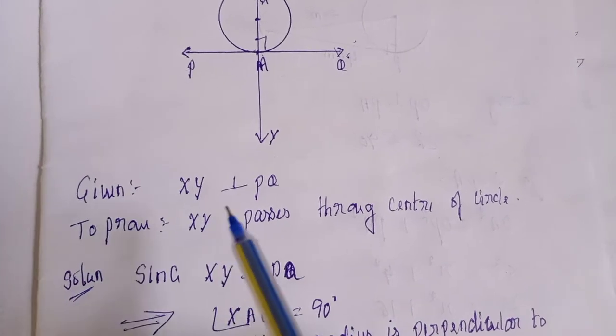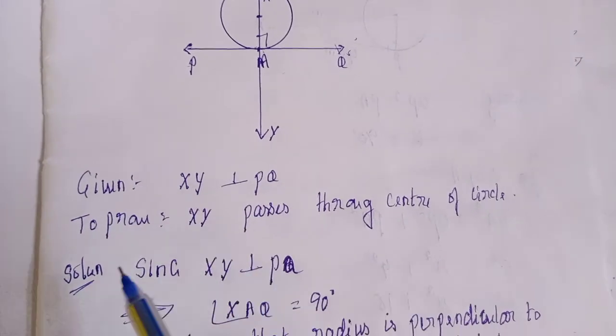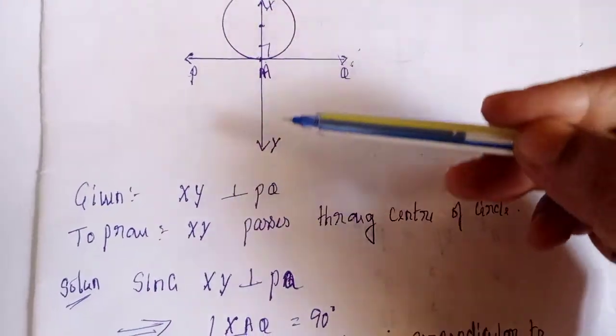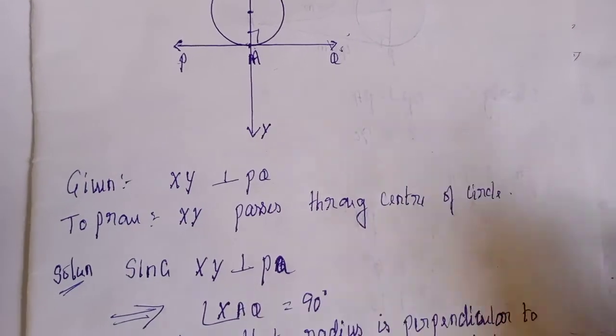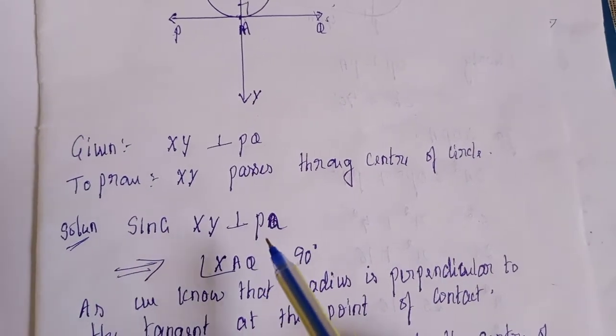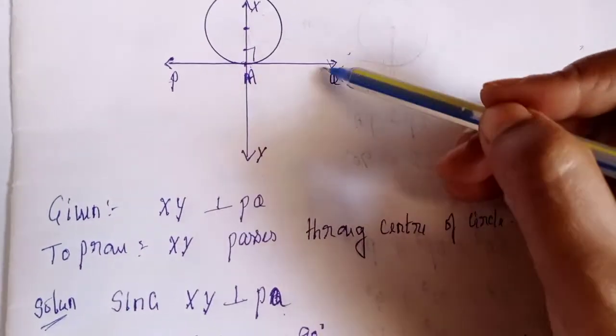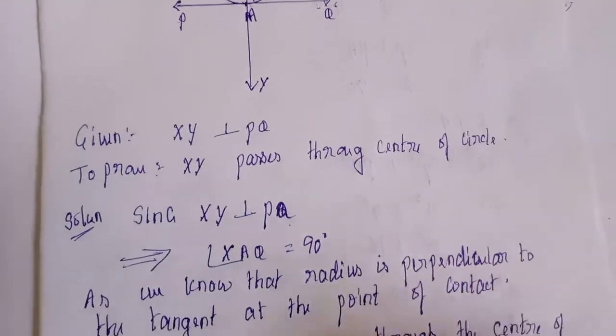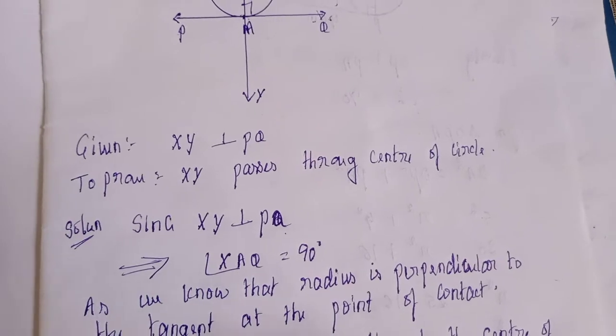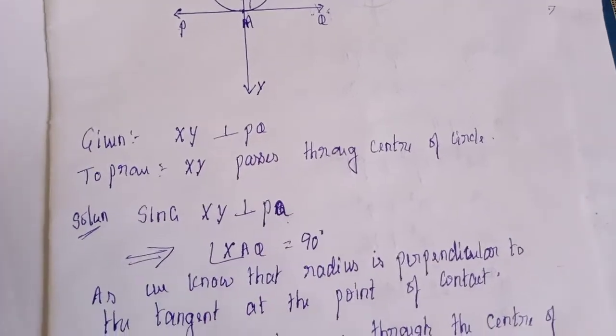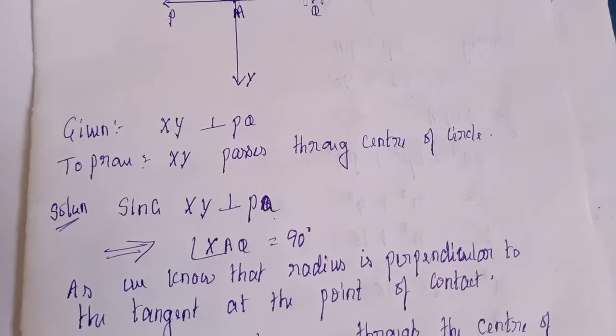Given XY is perpendicular to PQ, and I have to prove that the perpendicular line passes through the center of the circle. Since XY is perpendicular to PQ, can I write XAQ is 90 degrees? Now we will mix this concept with the theorem, then we can prove the conclusion.